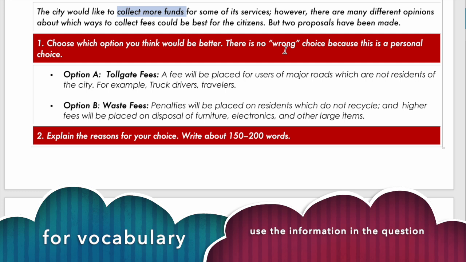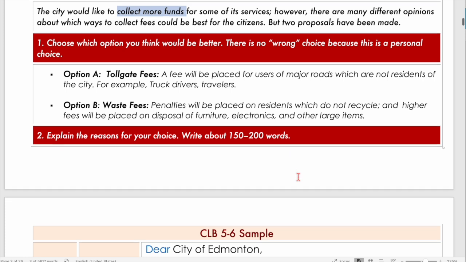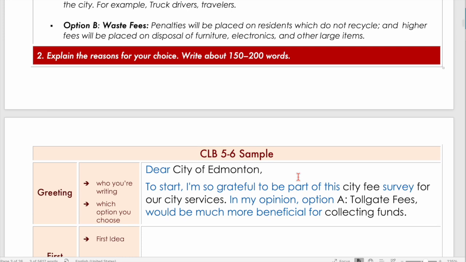So it's very good to use the information in the question for your writing. This is where you can get the ideas, everyone. Okay. So very good. Who we're writing and which option we think is better for this reason.